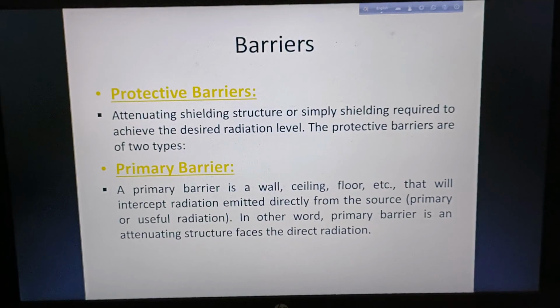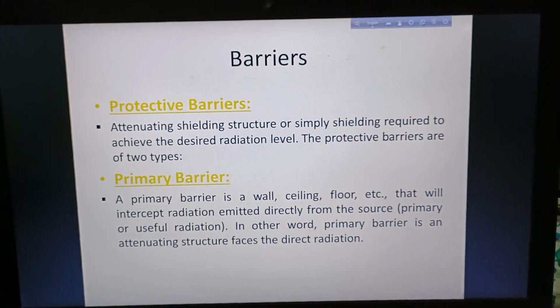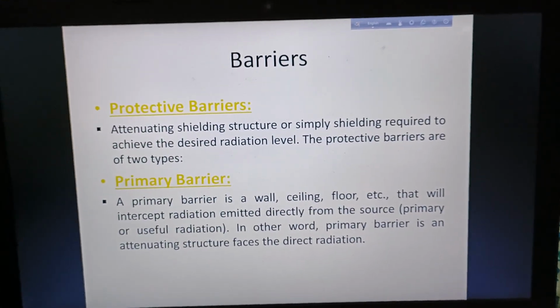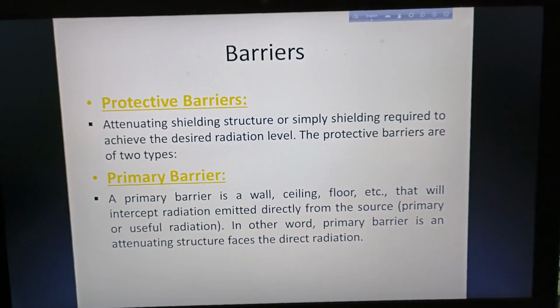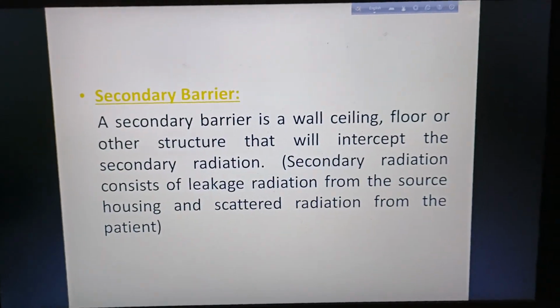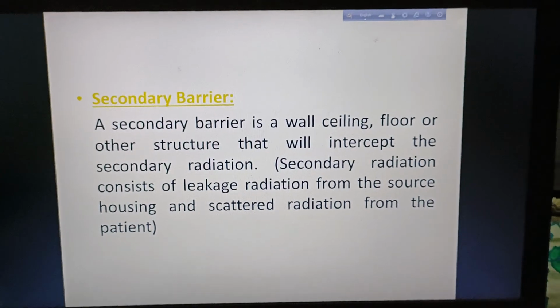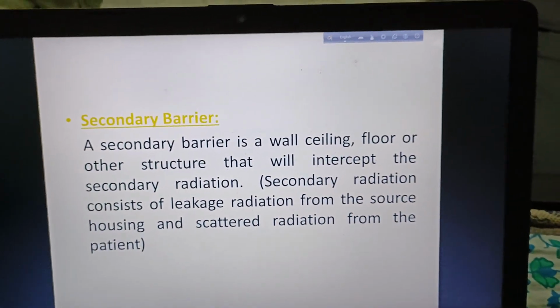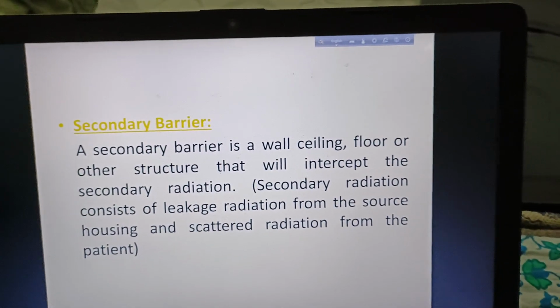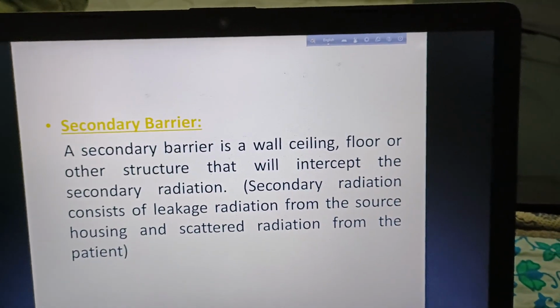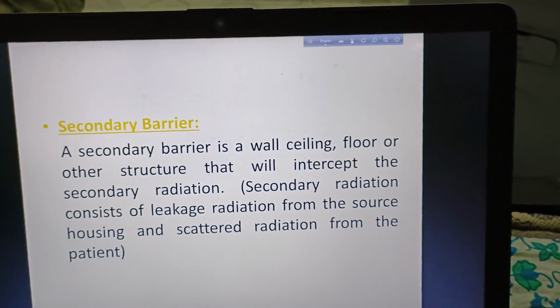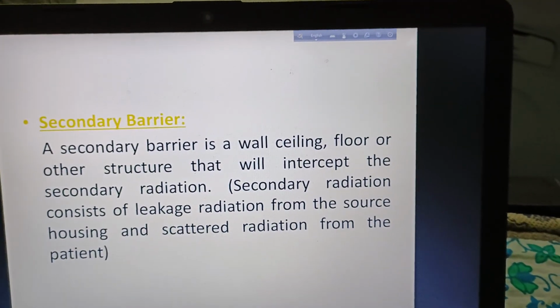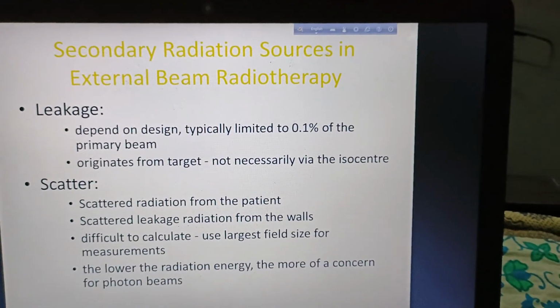So the primary barrier is the barrier facing direct radiation, and secondary barriers do not face any direct radiation; they face scattered radiation and leakage radiation. The barrier facing this type of radiation is called a secondary barrier.